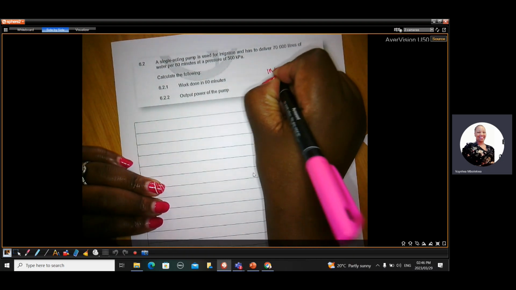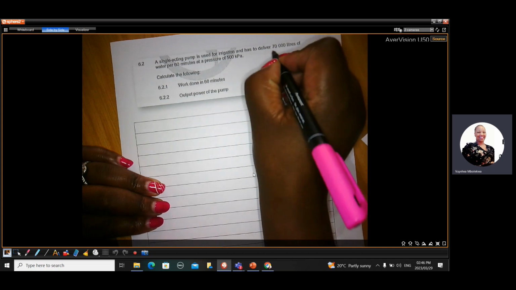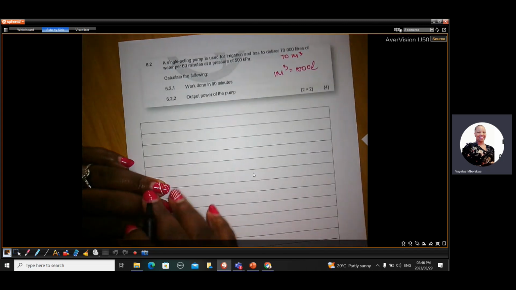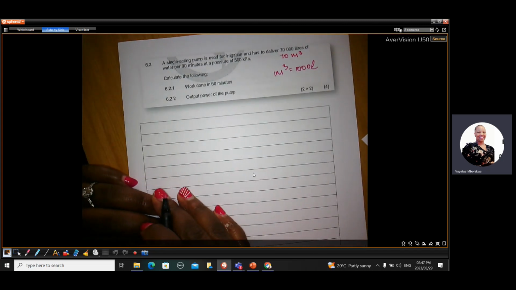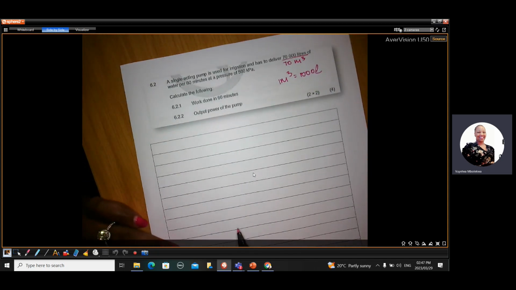So let's look at our page. So here's the same question. First thing I need to remind you is that 1 cubic meter equals 1,000 liters. So this volume will be 70 cubic meters. You'll divide it by 1,000 to change it to cubic meters.